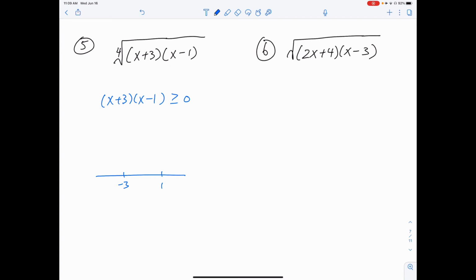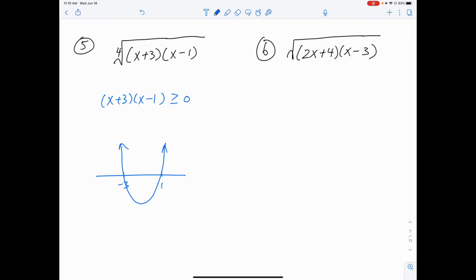Now we think about, is this an upward or downward parabola? If I were to expand this, I see the leading coefficient is positive, so we get an upward parabola. So you can just draw an upward U, like so. It doesn't have to be perfect, it's just a general idea of what's happening. Now we're looking for when it's going to be greater than or equal to 0.